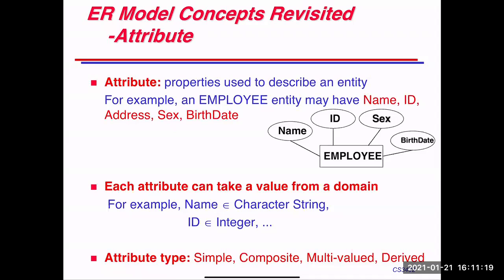For instance, when you look at that company database, we saw that a department can have multiple locations. And finally, we also discussed derived attributes, which are those that you can derive from the data that is already in the database. For instance, age could be a derived attribute if you also store the birth date.